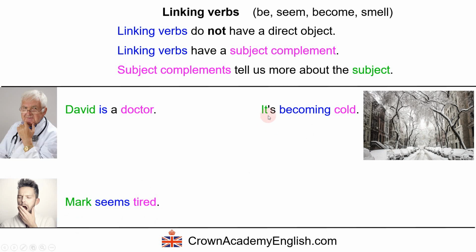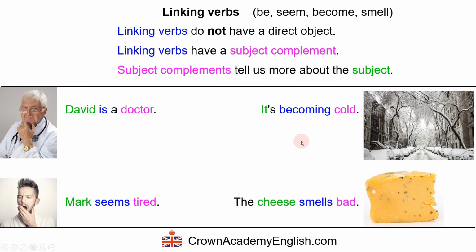This is referring to the weather, and cold is telling us more information about the weather. Again, it's almost like an equal sign. The cheese smells bad. Same thing. This is the subject complement. It is not a direct object.